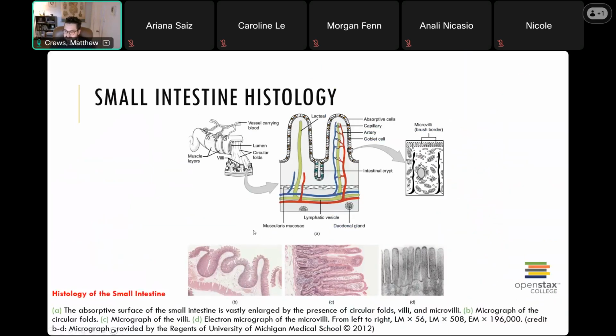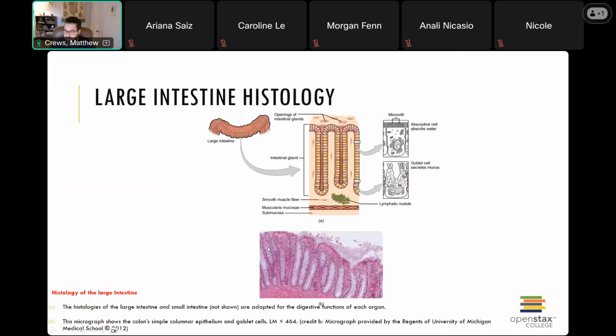Okay, it's got these bigger surface area things, and you've got to get food down between these, right? Like you've got to get broken down nutrients into there. Whereas here, you are just reabsorbing water mostly. Small is more gaps.